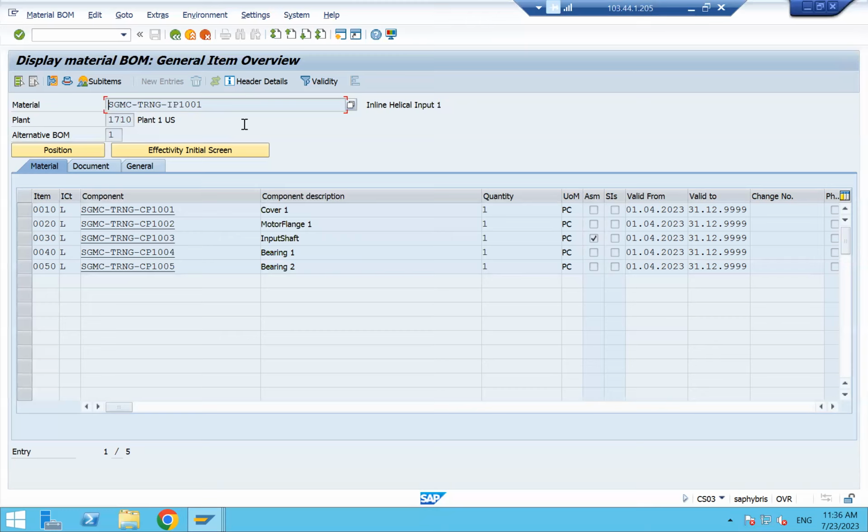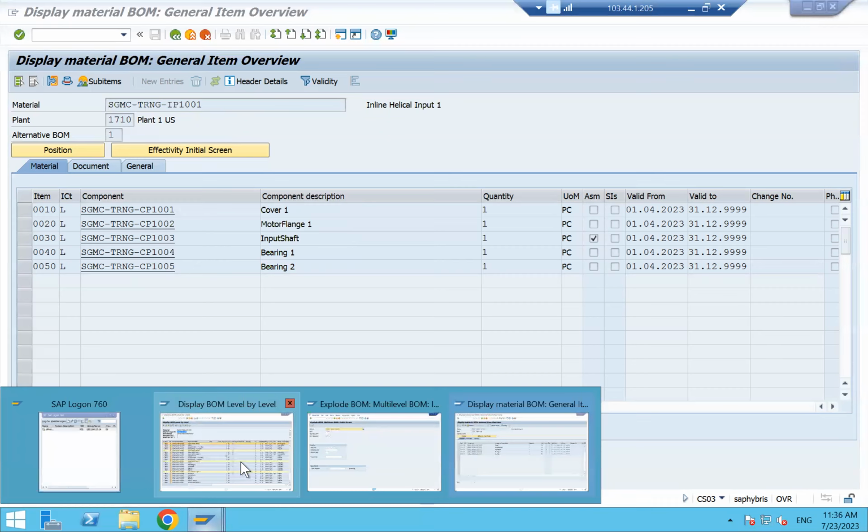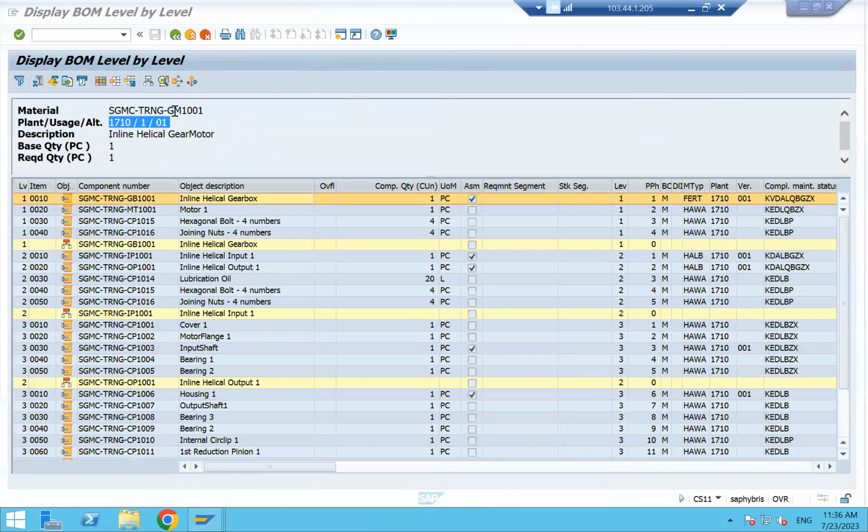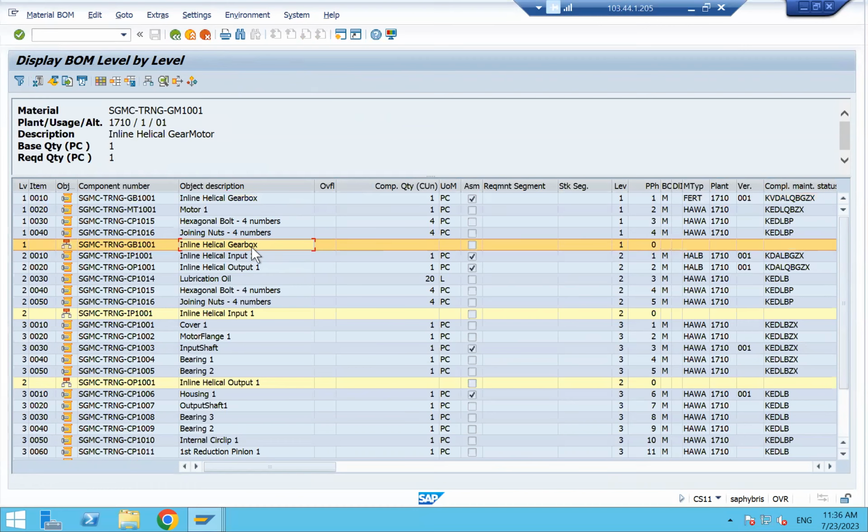So I have to create a BOM individually for all these items as a single BOM. First I create through CS01 the gear motor BOM, which has all these 5 components. Then I create another BOM for this inline helical gearbox with these components. Then I create a BOM for the input subassembly, which has these components.